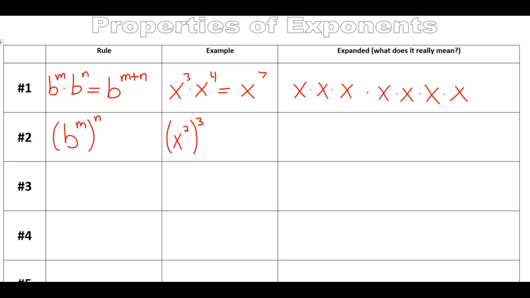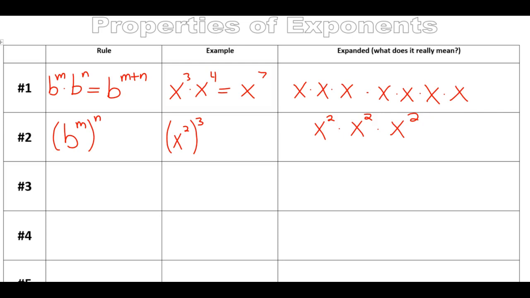What is anything to the third power? What is that asking me to do? Cube it, right? Whatever's in there, it could be, I don't know, an elephant. We have to multiply that times itself 3 times. So this is actually x squared times x squared times x squared. That's what x squared cubed means to do.